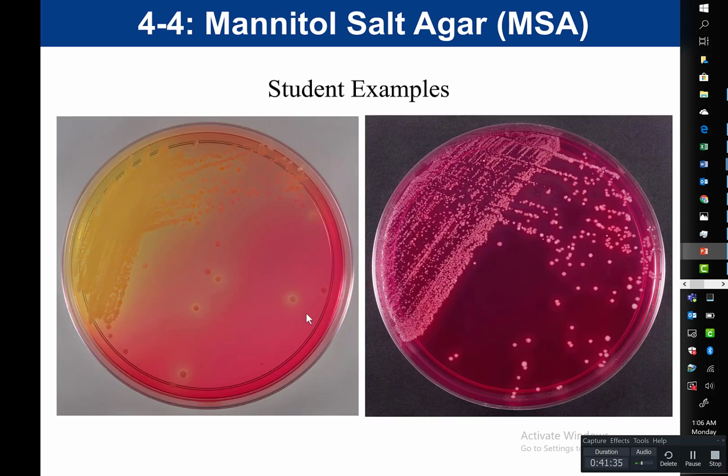This is just to show you some student examples of what an MSA plate might look like if you do this experiment. What you can see here is a student whose plate definitely tests positive for presumptive Staph aureus. Notice how the bacteria grew and the agar is yellow, which tells us that, in fact, this is presumptive Staph aureus. The student on the right has growth.